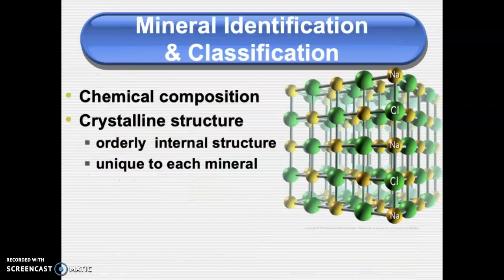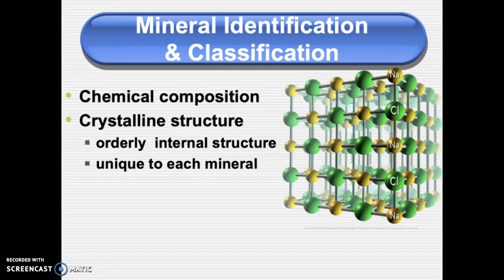So, how do we go about identifying a mineral? Well, the mineral's identity is going to be based on its chemical composition and crystalline structure. If we want to, we can take a mineral sample down to the lab and go through, in some cases, a pretty intense process to determine its chemical composition.